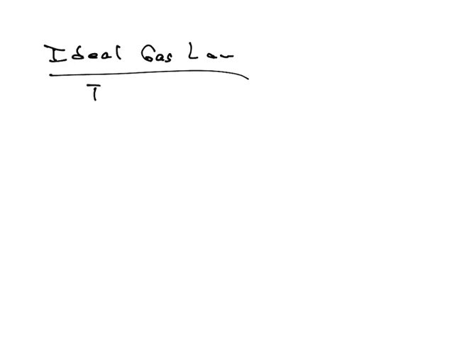All right, last topic was ideal gas law. So here, definitely chemistry-like stuff. We have PV equals nRT, or PV equals nKT, depending on if we're talking about moles or molecules.